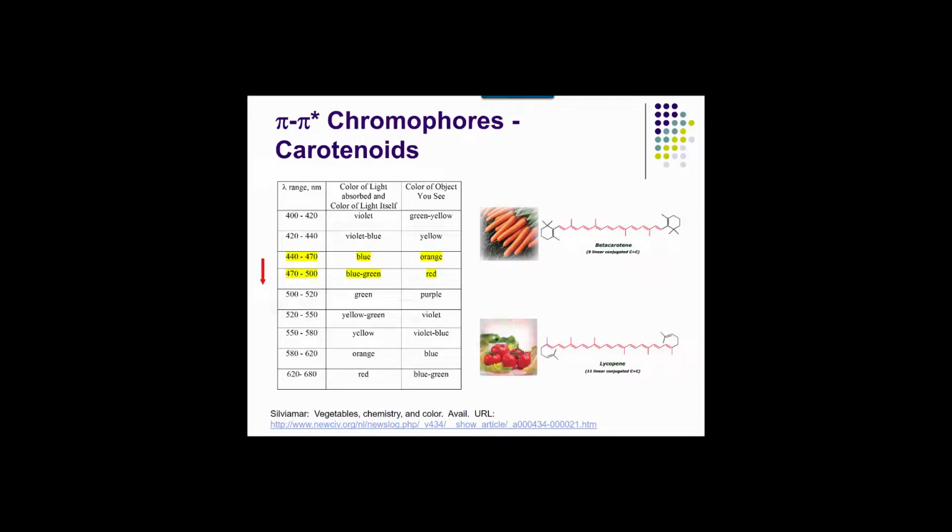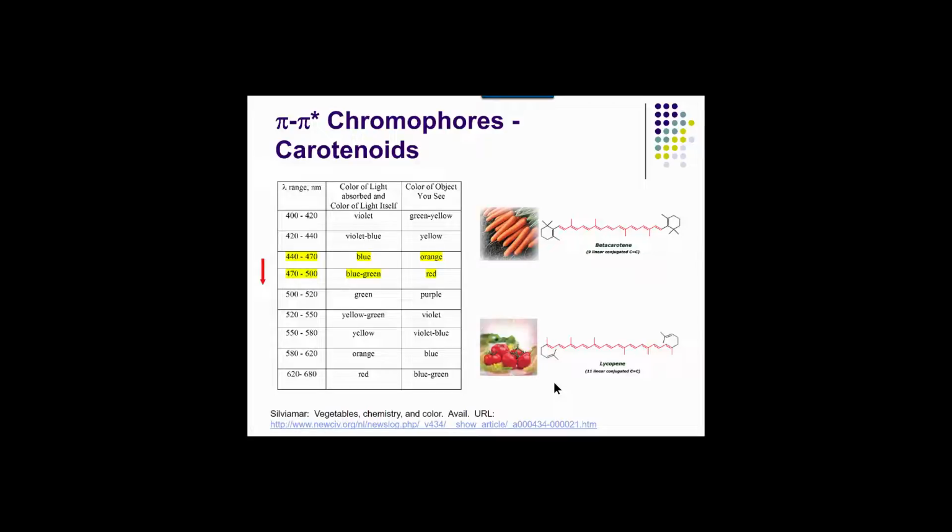One of my favorite examples of the effect of increasing pi conjugation are these carotenoids, which are responsible for the brilliant color of carrots and tomatoes. On this slide, shown at right, are the structures for beta-carotene at top and lycopene at the bottom.